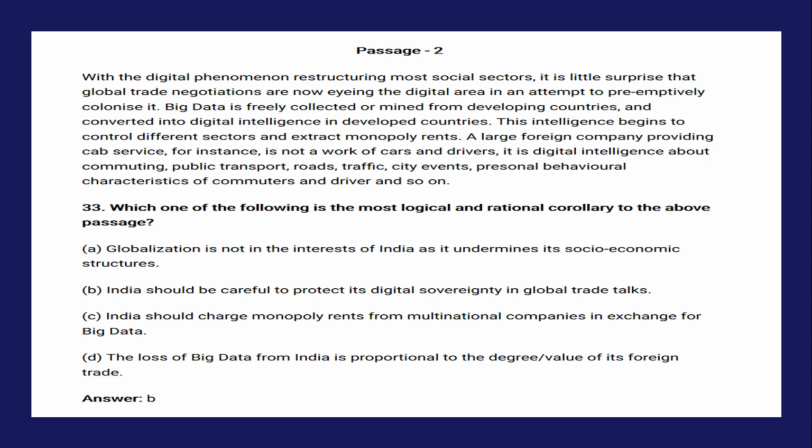C. India should charge monopoly rents from multinational companies in exchange for big data. D. The loss of big data from India is proportional to the degree of its foreign trade. And the answer is option B. India should be careful to protect its digital sovereignty in global trade talks.